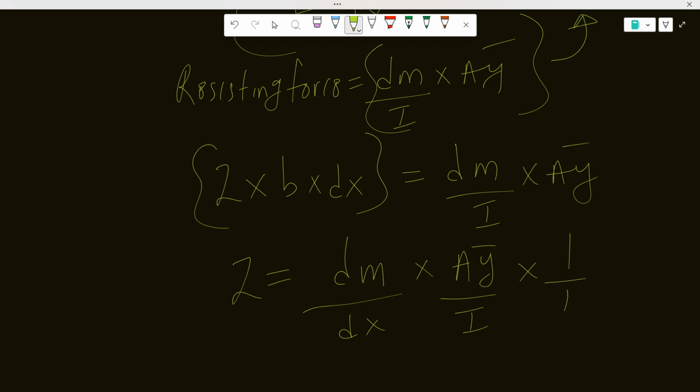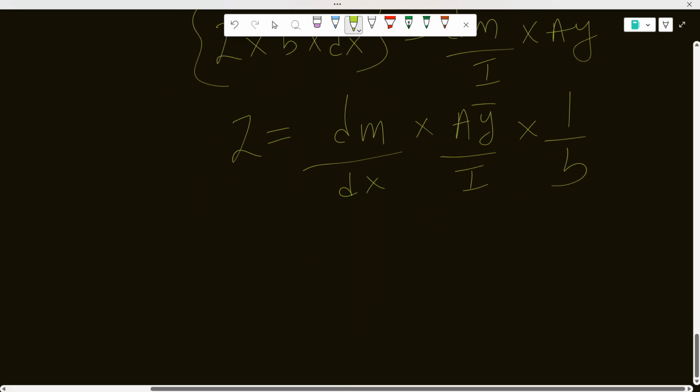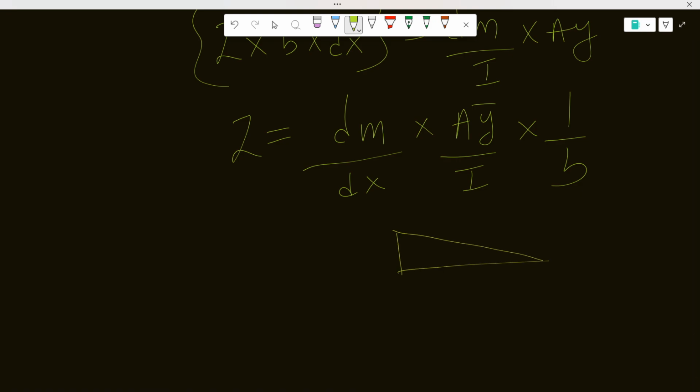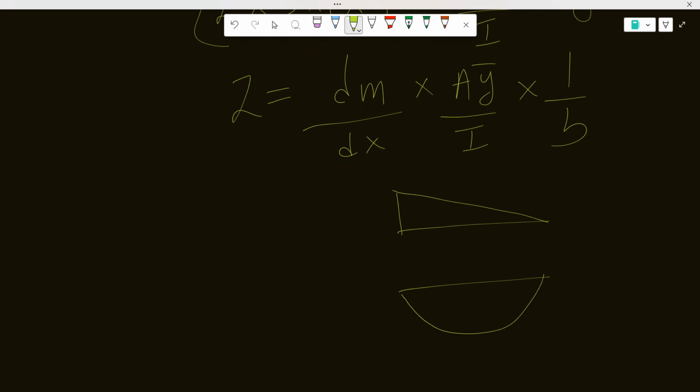times 1 over B. Now remember, if this is our shear force, our bending moment will be something like a parabola, if this is a straight line.